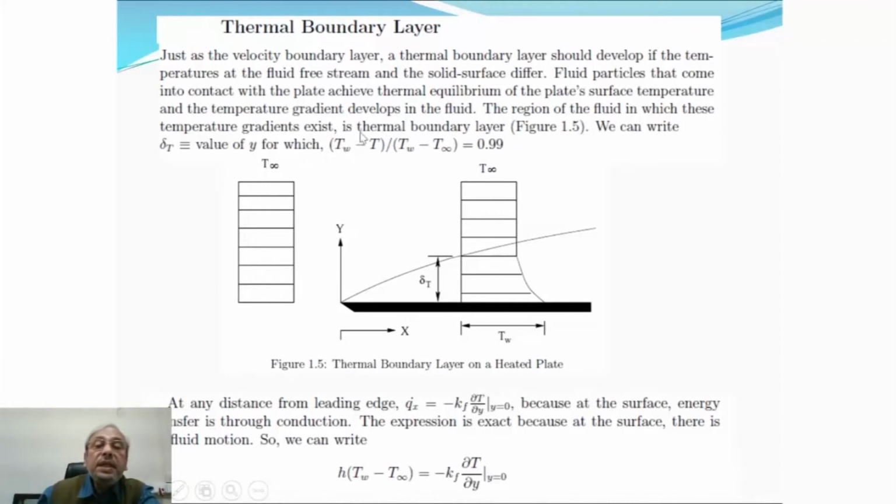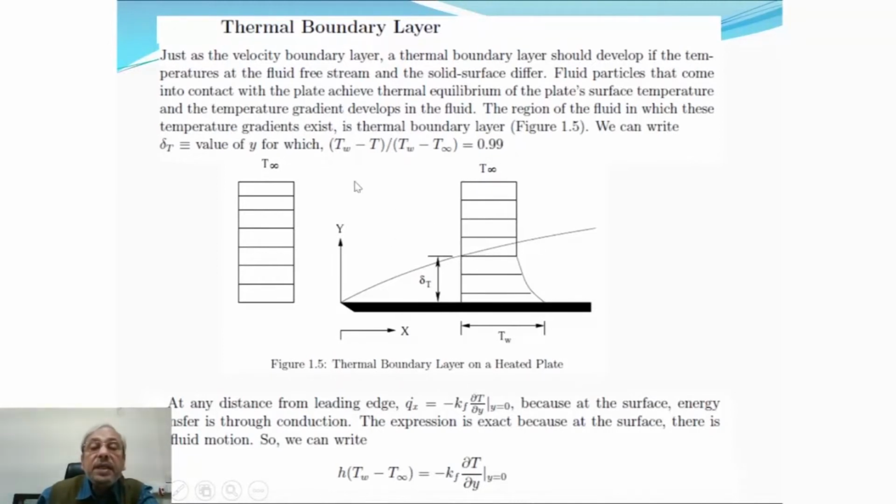So the thermal boundary layer is that distance delta T through which the fluid temperature reaches the free stream temperature from the wall temperature. So it is the value of Y for which Tw minus T divided by Tw minus T infinity equals 0.99.